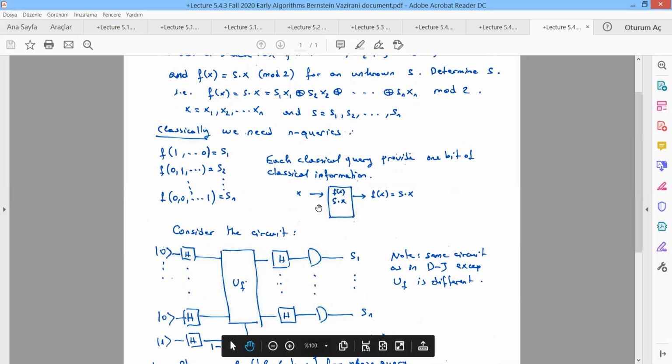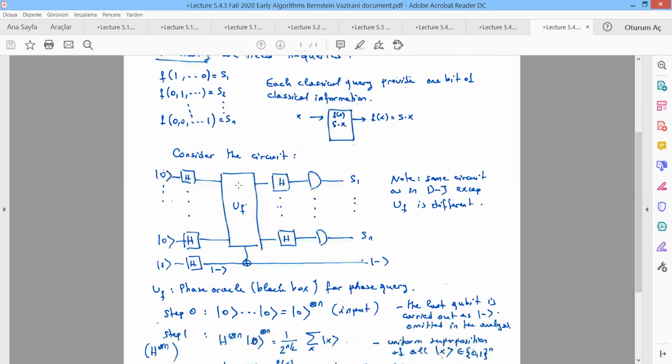To identify each s sub i, we had to have a separate query. But quantum mechanically, using this quantum circuit, we only needed a single query, which is this phase oracle. So using a single query, we were able to compute what the s sub i are.